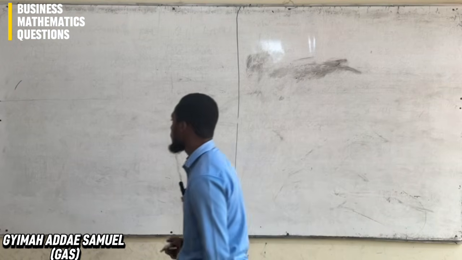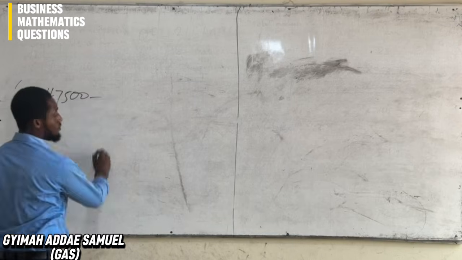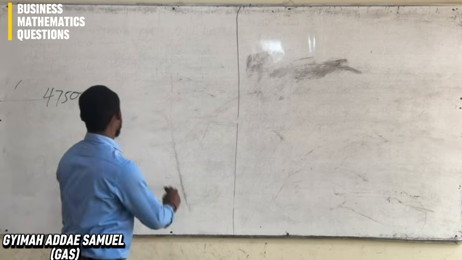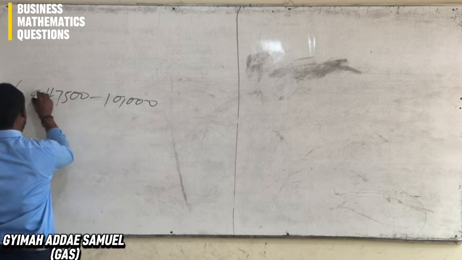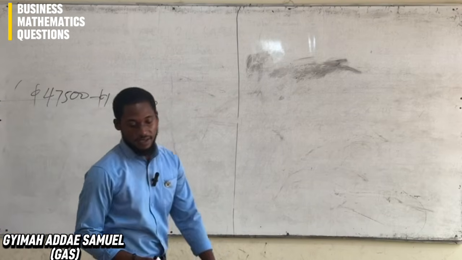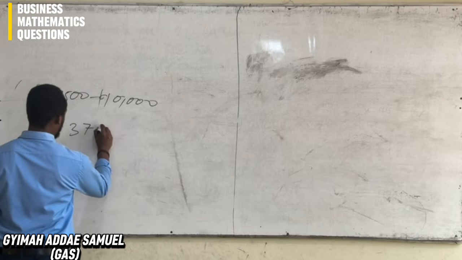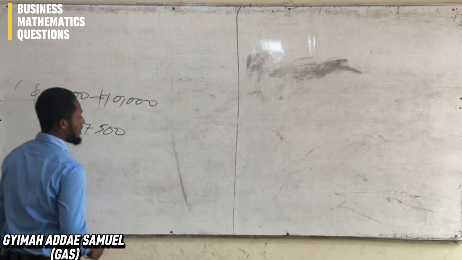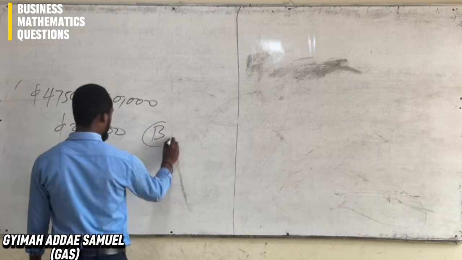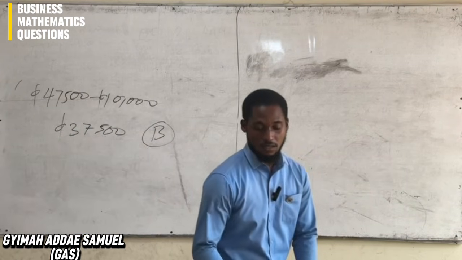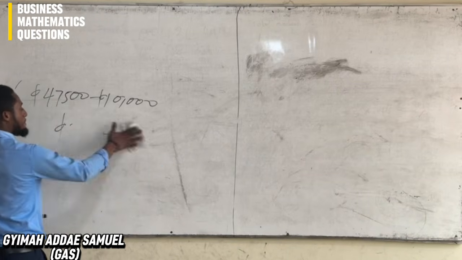So now we will have to subtract the quota, which is the 10,000, from the 47,500, and we are getting 37,500 Ghana cedis, as you already know, and the answer to question 10 is B. We move on to the next set of questions.